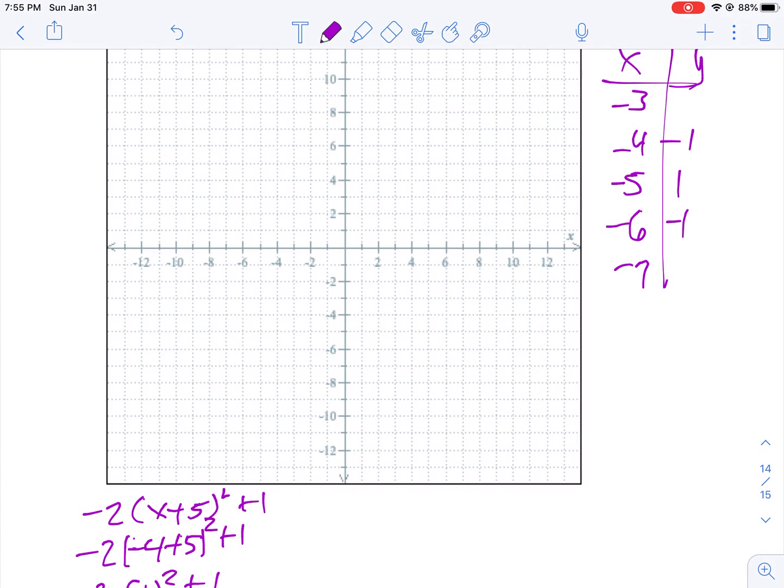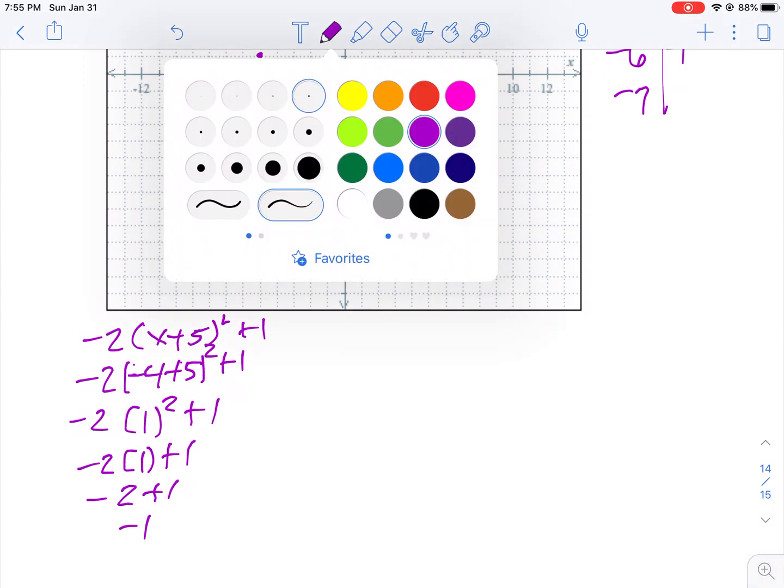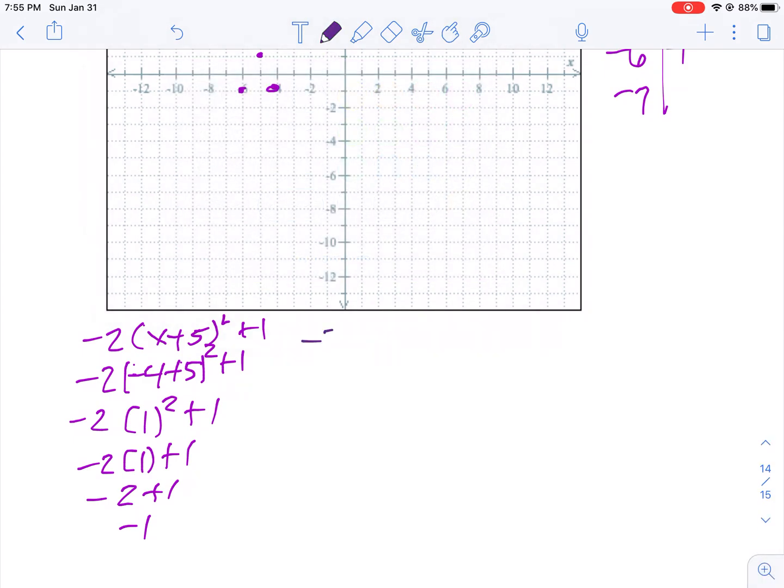So let's plot these. So negative 5, I'm up 1. Negative 4, I'm down 1. Then let's do negative 3. So say negative 2 times negative 3 plus 5 squared plus 1. Well, negative 3 plus 5 is 2.